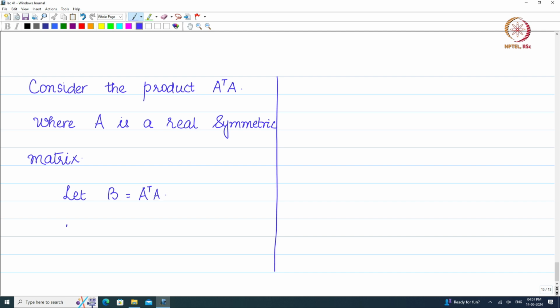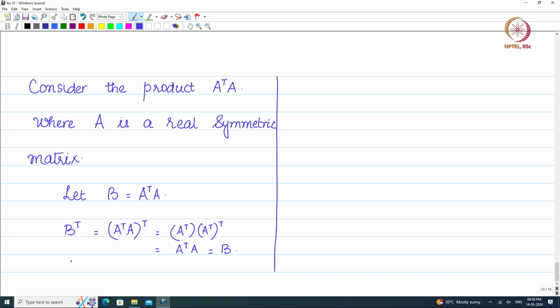Now, what we want to do is figure out what B transpose is. B transpose is A transpose A the whole transpose, which is nothing but A transpose into A transpose the whole transpose. We know that A transpose the whole transpose is A. So, we have A transpose A, and B transpose is again B itself, right.